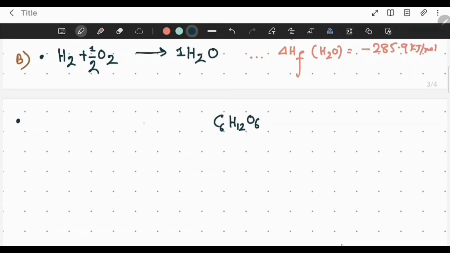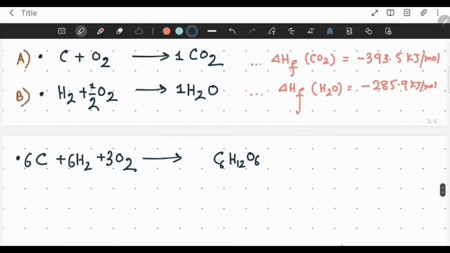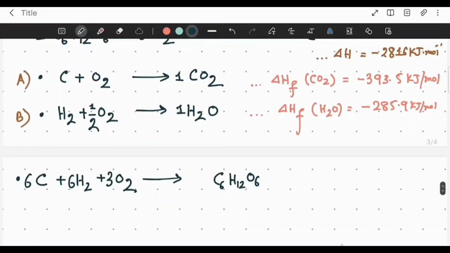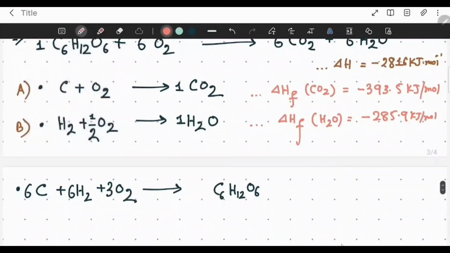C6H12O6 will be formed from carbon, hydrogen, and oxygen eventually. So it will be 6, 6, 3. Correct. So now we have to construct this equation from these three equations. These three values are known to us, so we have to find this del H formation for C6H12O6.